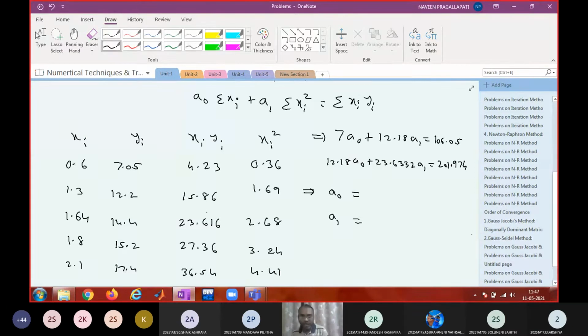So input the coefficients and tell me the values. What are a0 and a1?